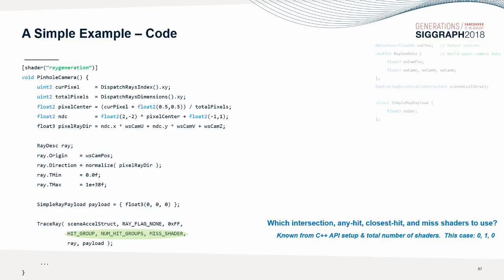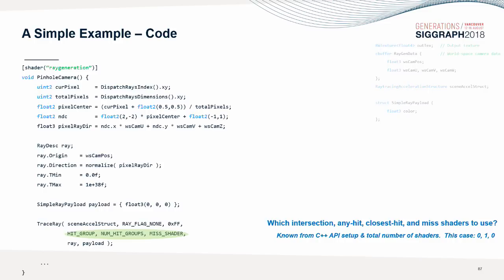The next three parameters define which shaders you're going to use while traversing through this. So which miss shader are you going to use, which closest hit shader, which any hit shader, and which intersection shader. The first one, which I've labeled here hit group, is a collection of intersection shader, any hit shader, and closest hit shader.